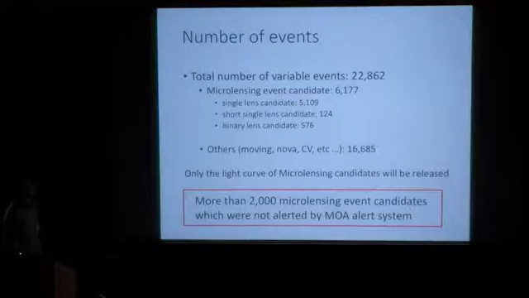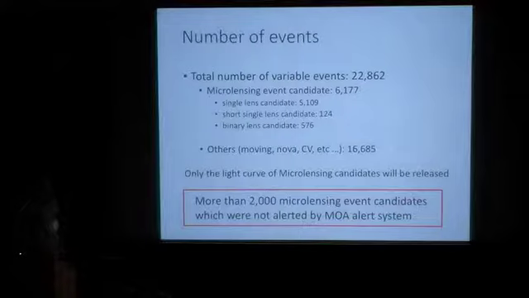And here is the number of events. Through the offline analysis, we detected 22,862 variable events. We fit all events with a single lens, check the light curves by eye, and classify whether the events are microlensing or not.